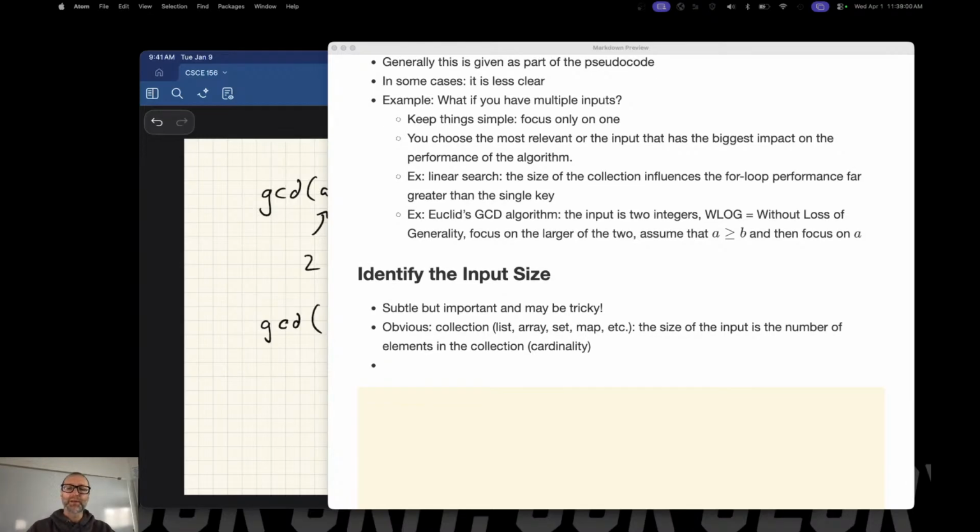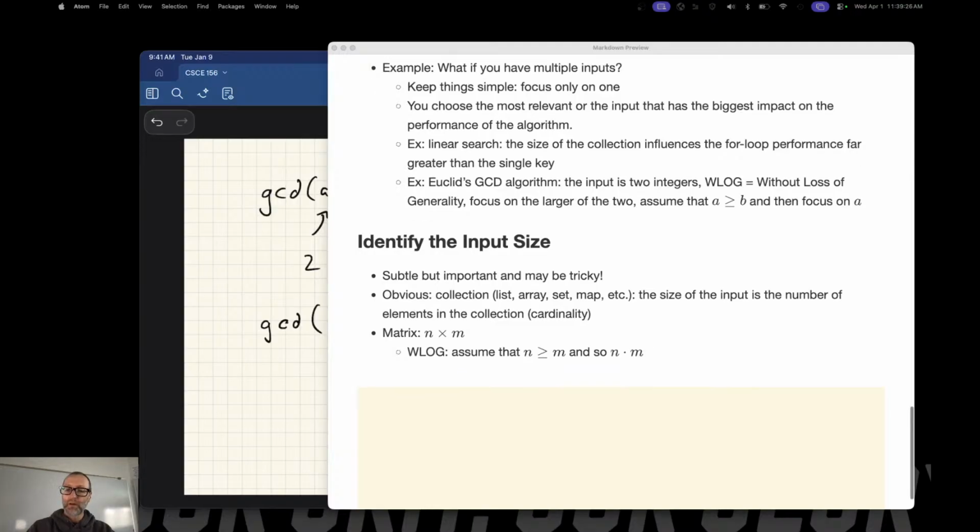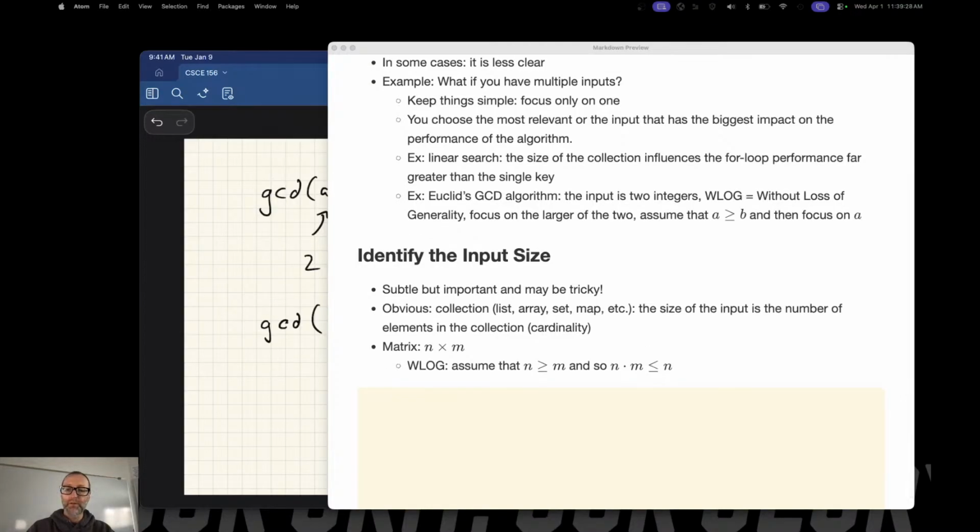A little bit less obvious. What about a matrix? It has n rows and m columns, right? Without loss of generality, what you can do is assume that n is greater than or equal to m, and so n·m is less than or equal to n squared, right?